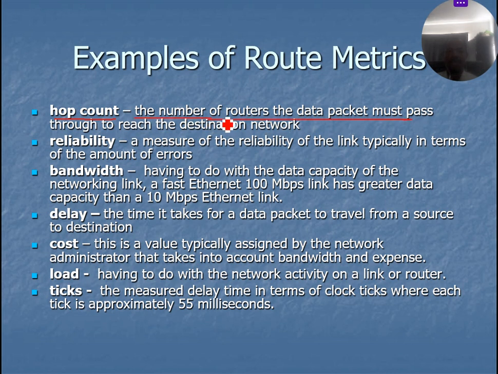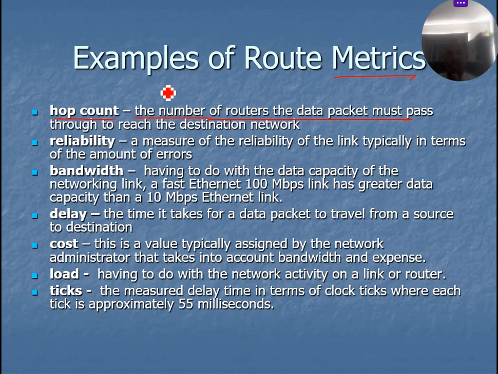Before a data packet reaches its destination, it might pass through 2 routers, or 3, or 4, or 5, or 6, or 10, depending on how large the network is. So this is a good example of a metric we use in determining whether a dynamic routing protocol is a good one or not.